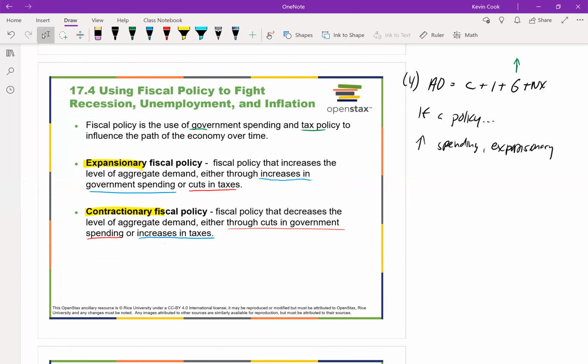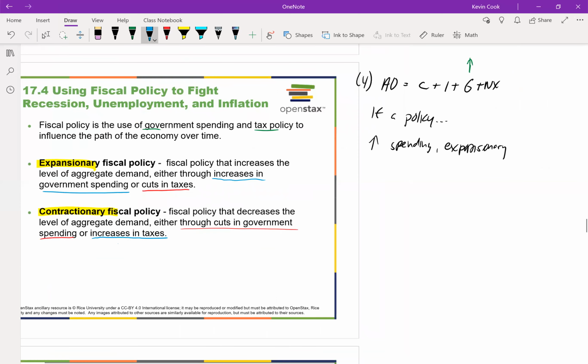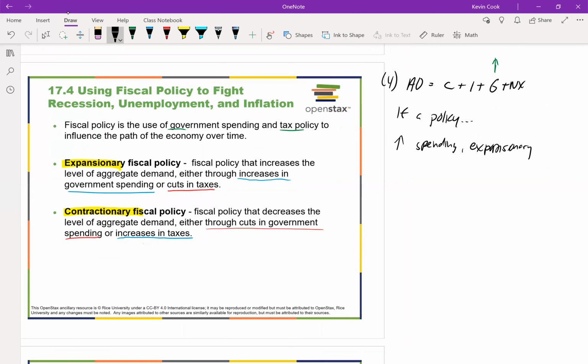And examples of each of these, again, if we think about expansionary, the two examples that we may see: the first is a cut in taxes, which is listed there, and the second type of expansionary that we may see is something like a stimulus package.